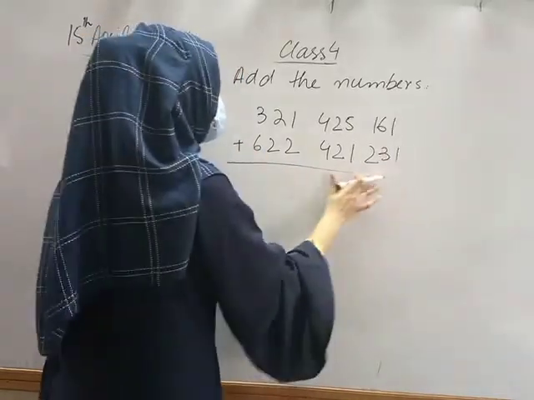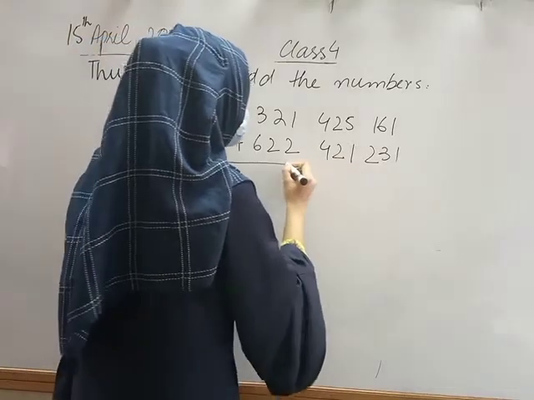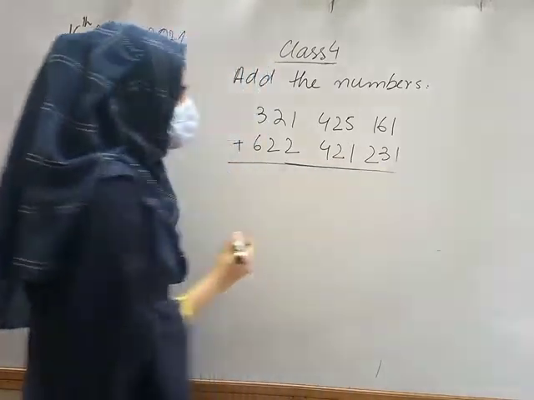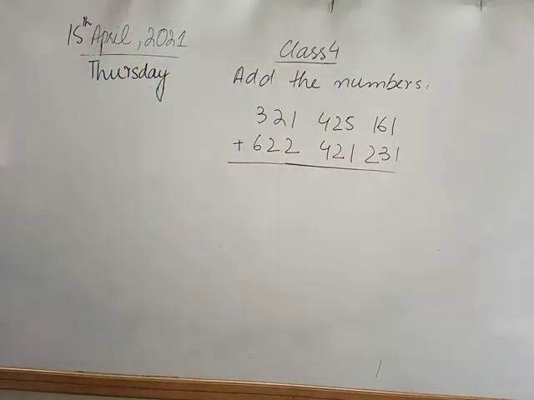So what would we do, class, when we have two numbers which go up to million? What is the first step? Very good. We will add one by one.